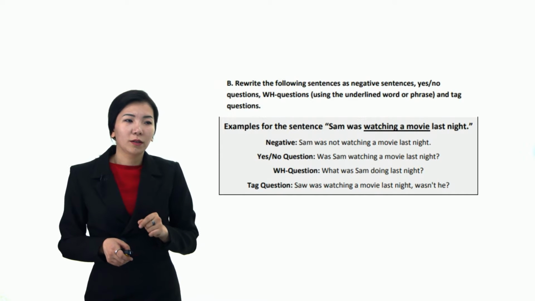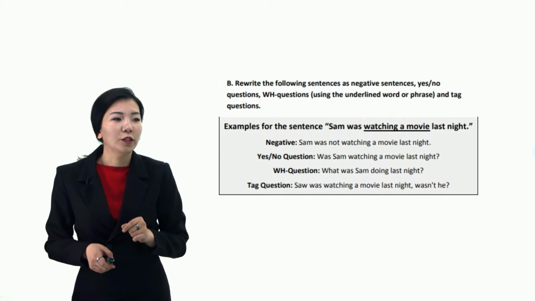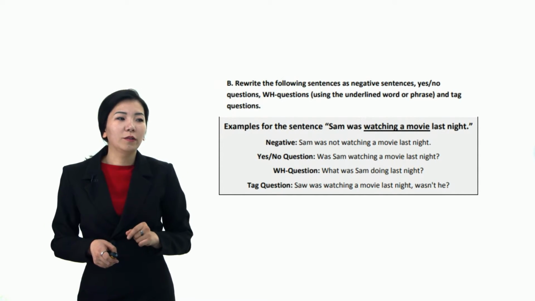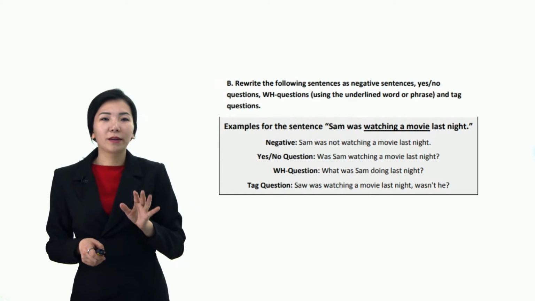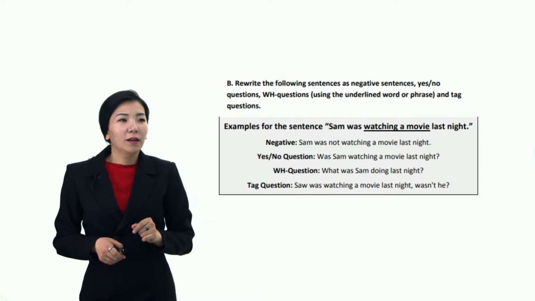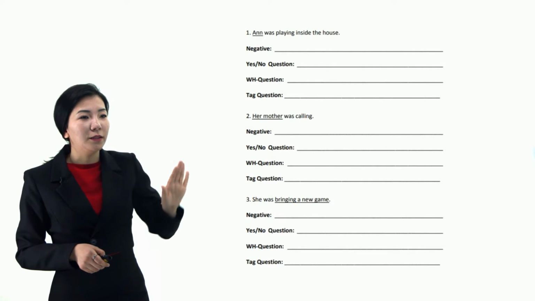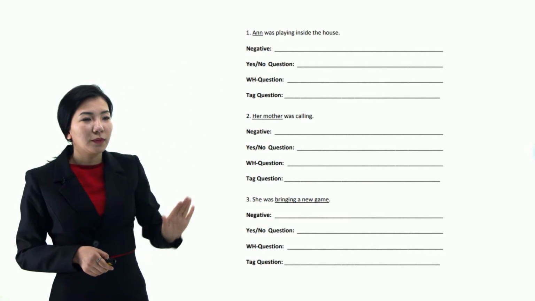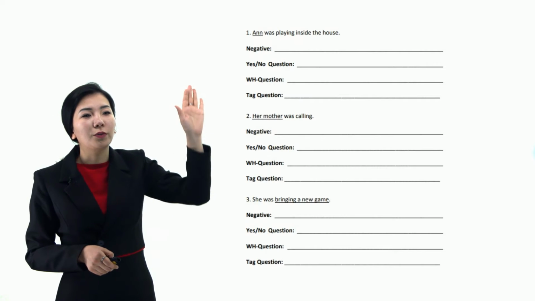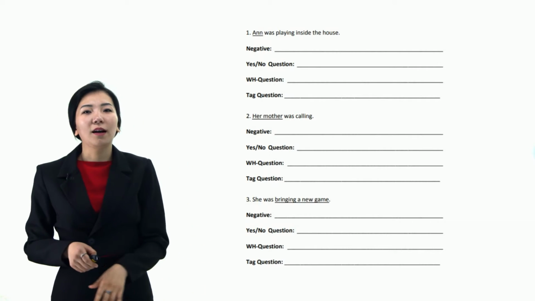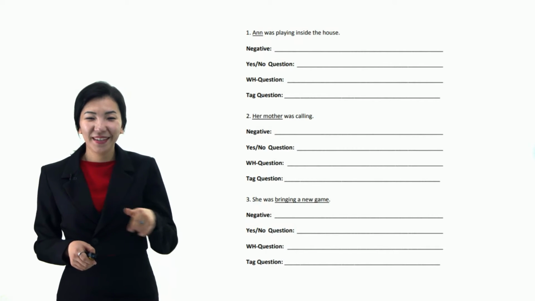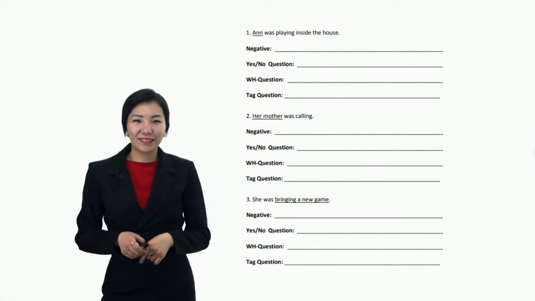And last one, Sam was watching a movie last night. Wasn't she? Wasn't he? Here we have a spelling mistake. Okay, that's fine. All right, so here are the sentences that you need to rewrite. Again, pause the video, do this task. I'm here waiting for your answers.